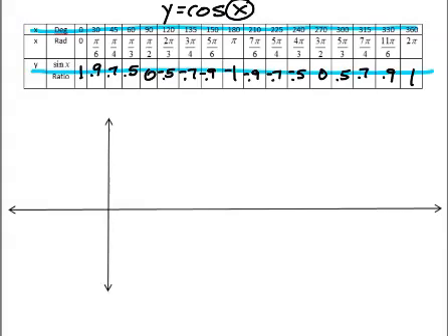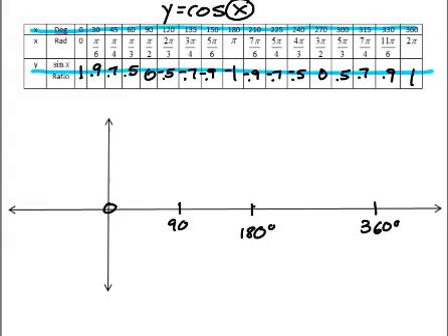Now I could do the radians as well, but right now I'm just going to concentrate on degrees, just get the general shape of the graph. So we understand, just like that absolute value graph looks like a V, and a quadratic y equals x squared looks like a U. What does a basic sine graph look like? Cosine graph look like?